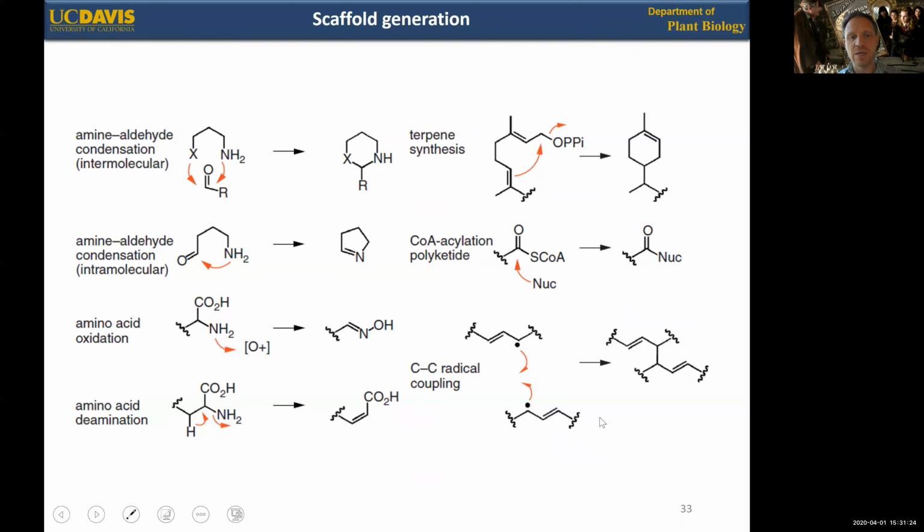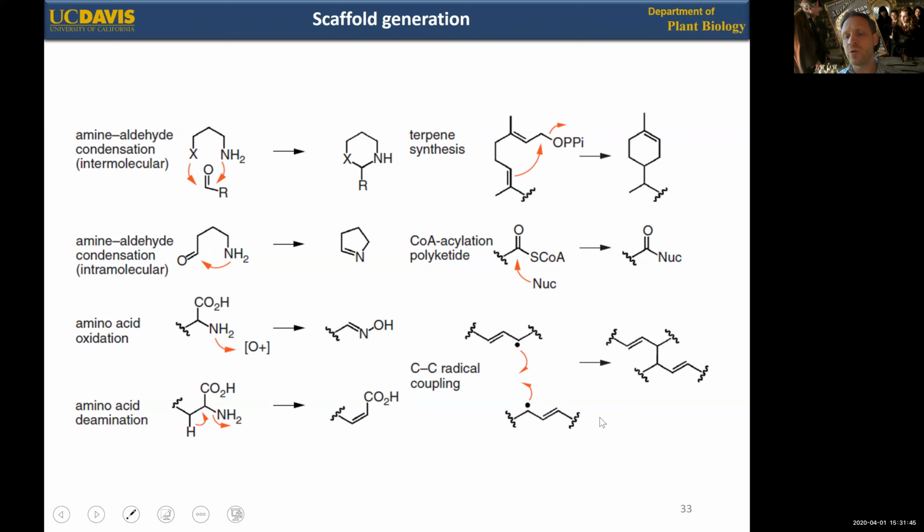All right. What we then see, and we'll look at this again in the individual natural product classes, is that to make these different scaffolds, there are a few types of chemical reactions we need to look at. I won't go through all of them now. I just provided here an overview of the type of reactions that we're actually looking at.